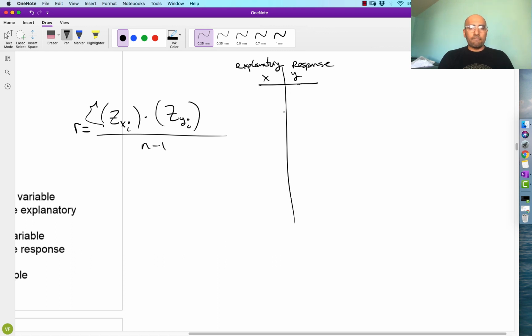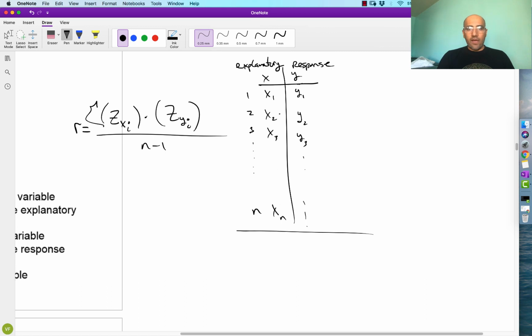Then this would be 1, 2, 3, down to n, right? So there's spot number 1, let's call that x1, x2, x3, all the way out to x sub n. And then this would be y1, y2, y3.